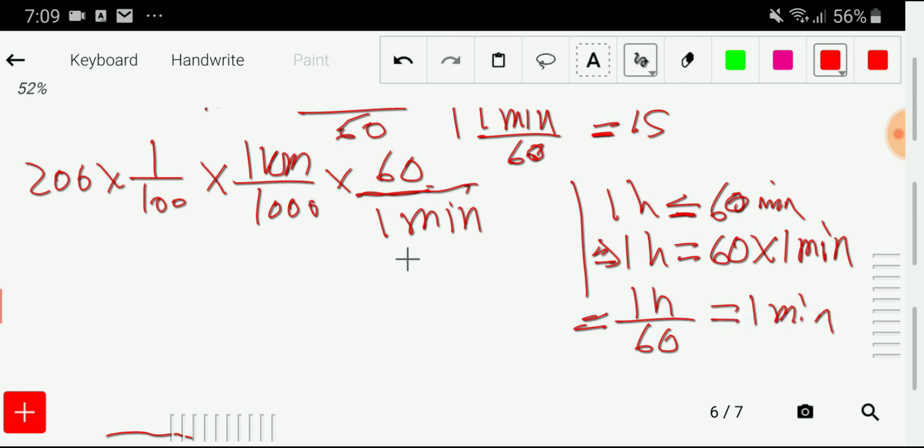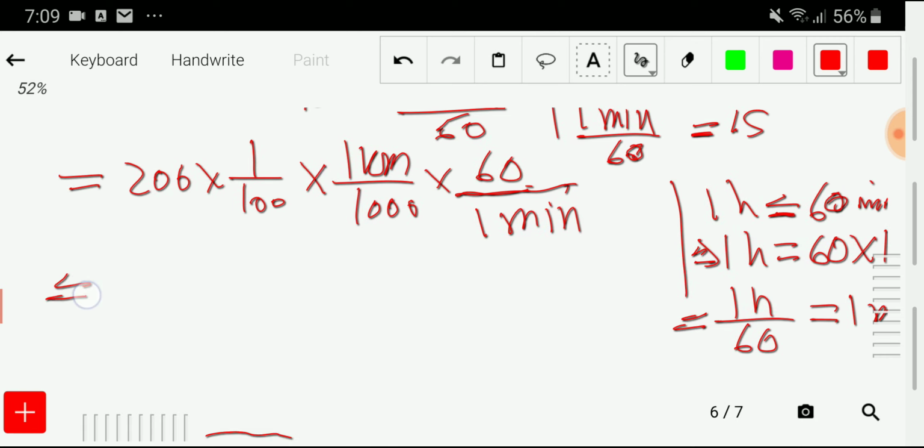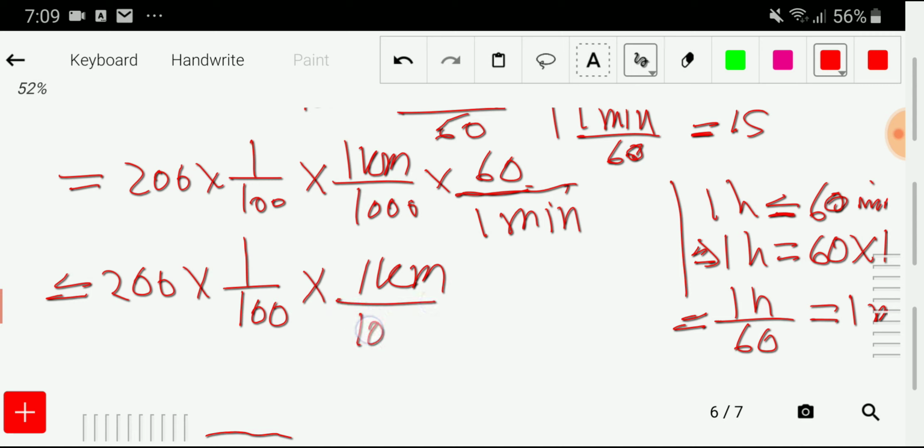So let me put the value of 1 minute here, which is 1 hour divided by 60.